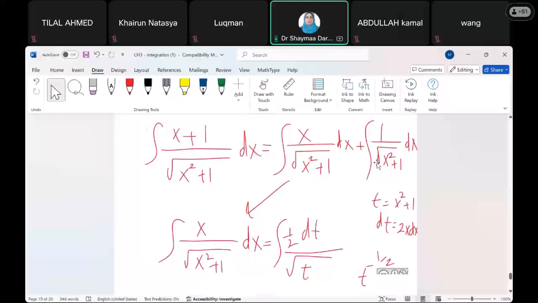This part is a formula, the formula of sine inverse x. Here you have a constant, and here you have a quadratic where x squared is not multiplied by any number. So this integration is ready to use by formula.